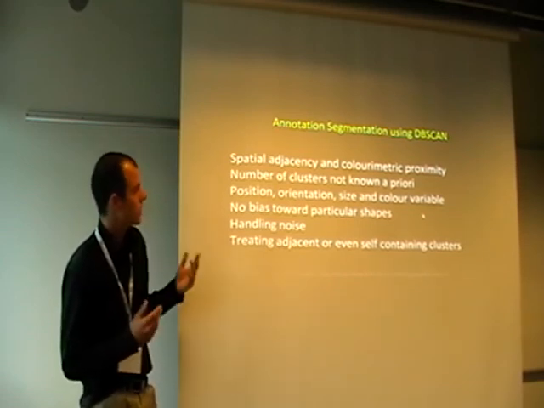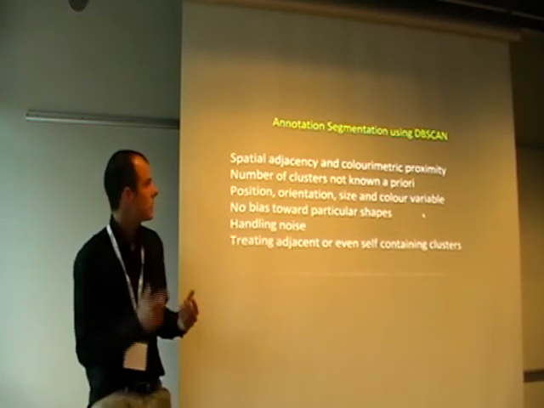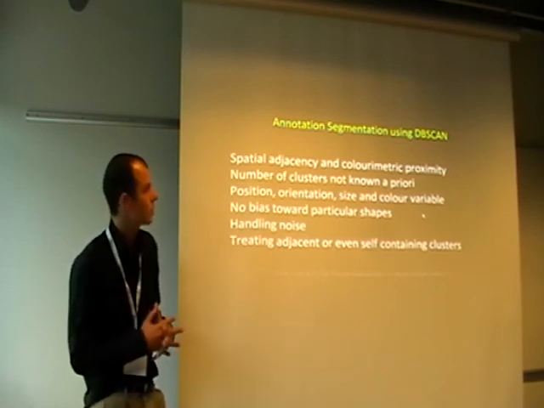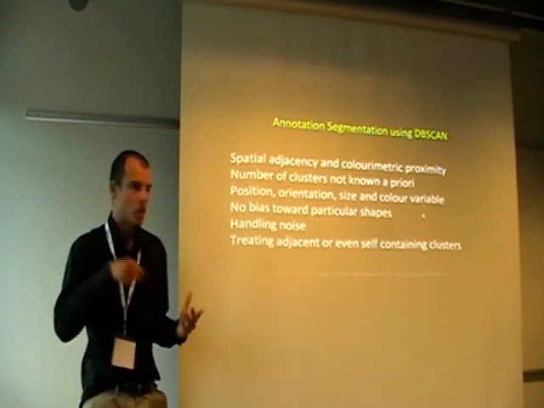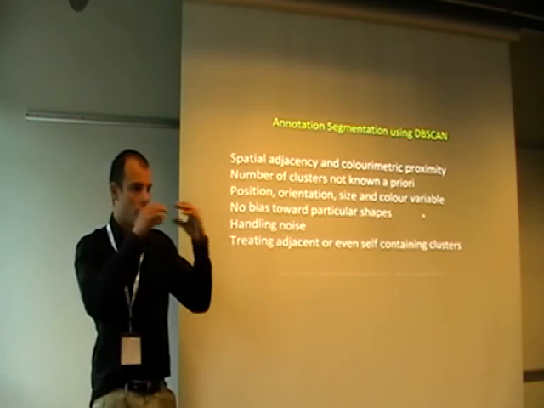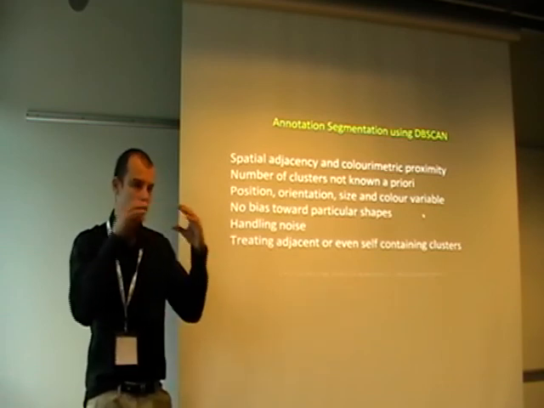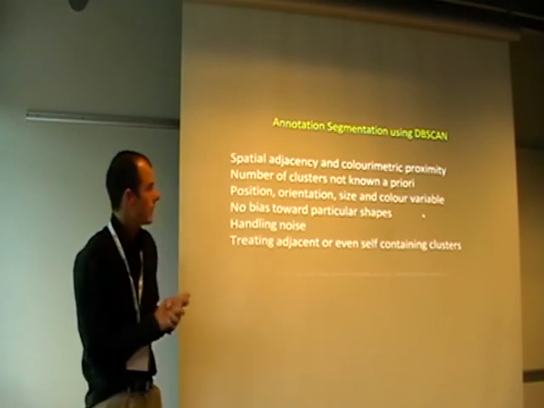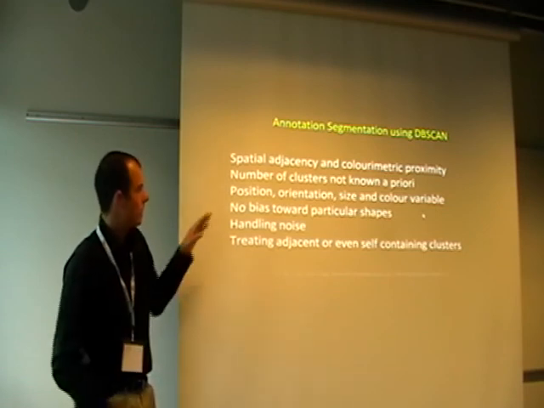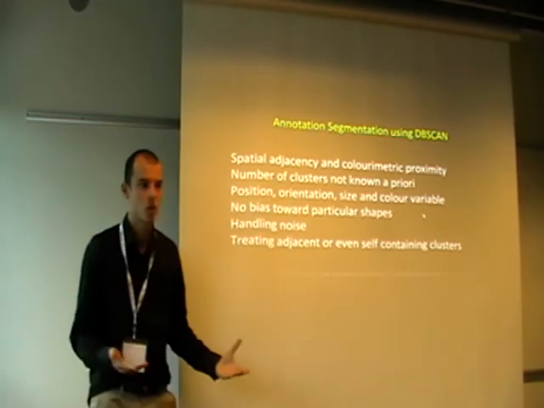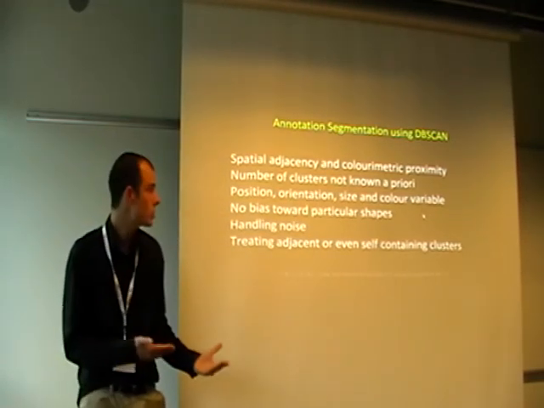Basically because an annotation is a set of pixels that is subject to the conditions of spatial adjacency and colorimetric proximity. That means that we will have compact, very dense regions of pixels with almost the same color. And this method deals with an unknown number of clusters. We don't know how many annotations there will be on a page.